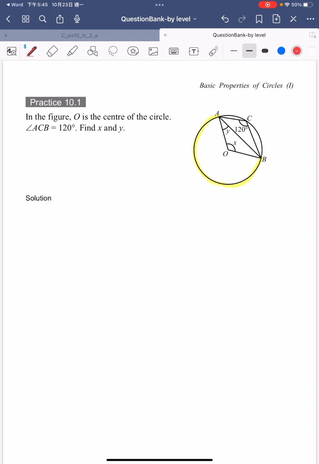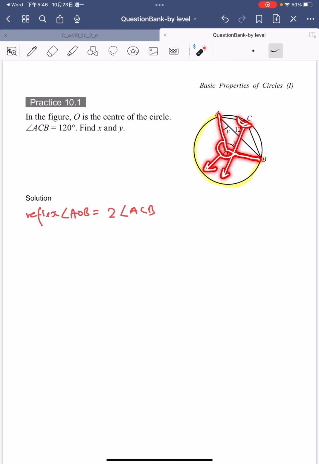First of all, you can write the reflex angle AOB is equal to double the angle ACB. Once again, the reflex angle AOB, which is this one, is watching the yellow arc, and this 120 is watching the yellow arc as well.